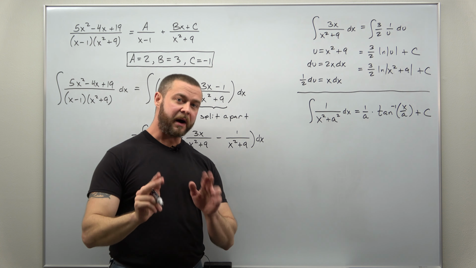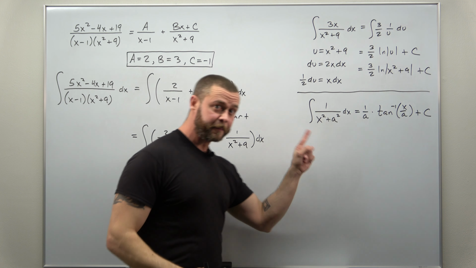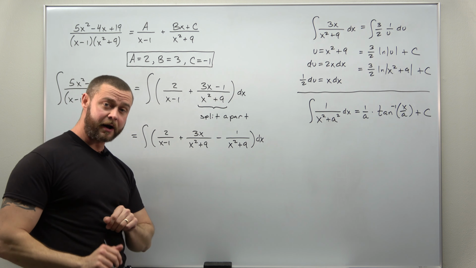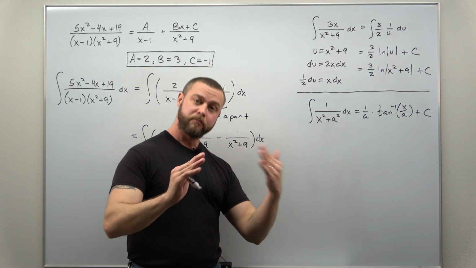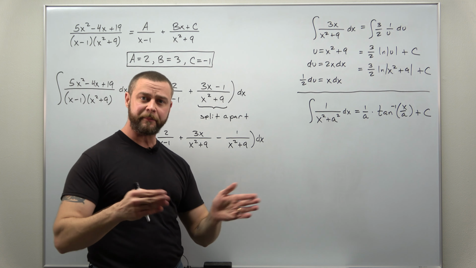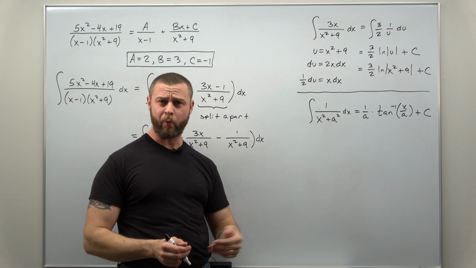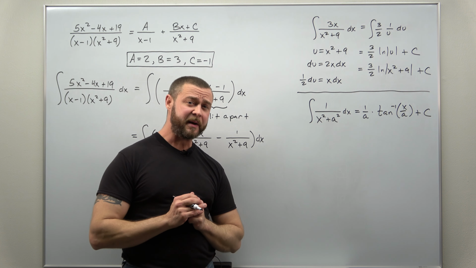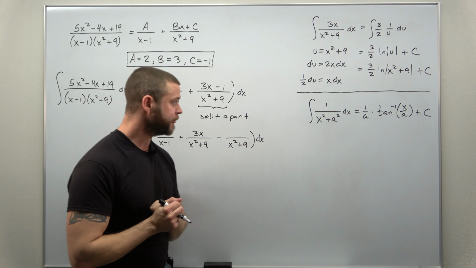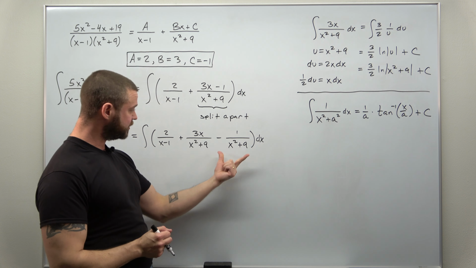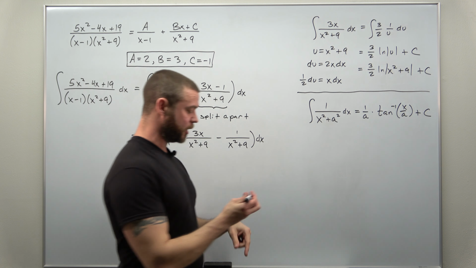And I don't expect my students to prove that during a partial fraction decomposition question. I just tell them make use of that formula. You can prove it earlier with a u substitution if you really want to, but I don't have any expectation for my students to do that. Hopefully your professor doesn't either. All right, so let's just make use of our integral. We'll put it right below.